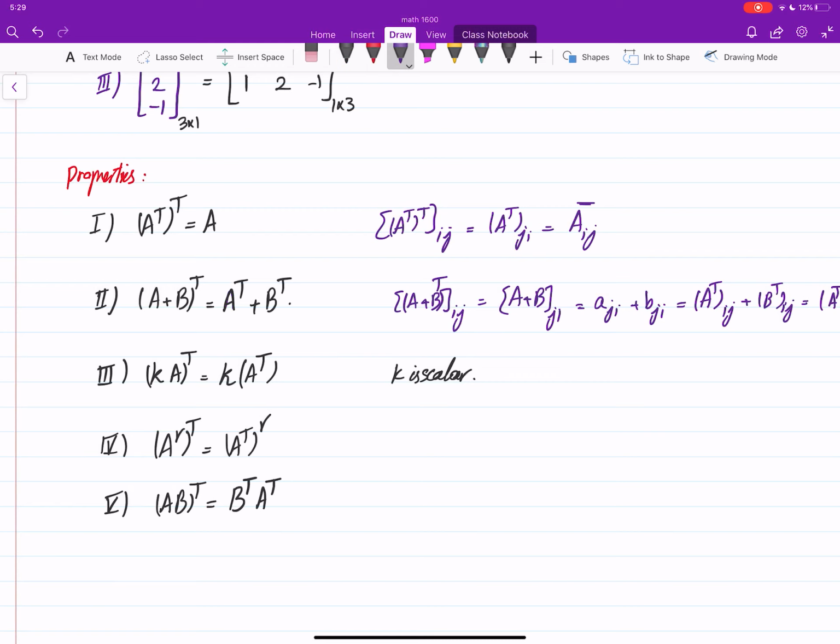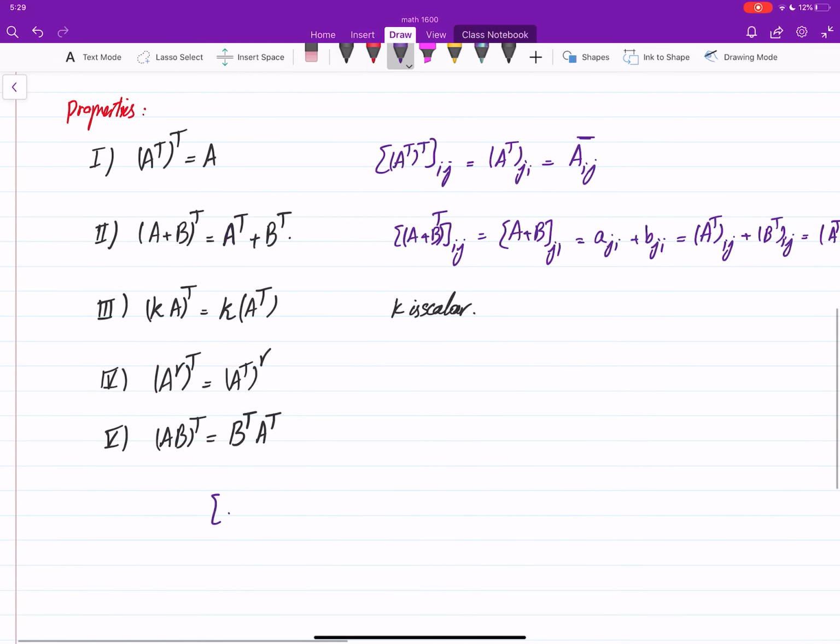And why is that so? If you start with AB transpose, look at the ij entry. The ij entry of the transpose is the ji entry of the matrix itself.